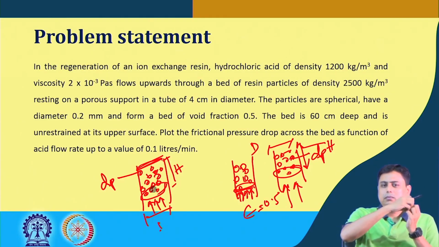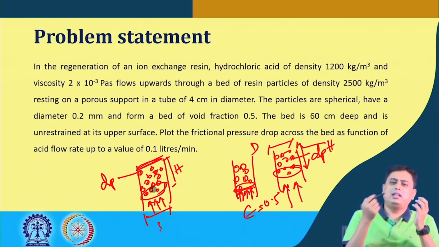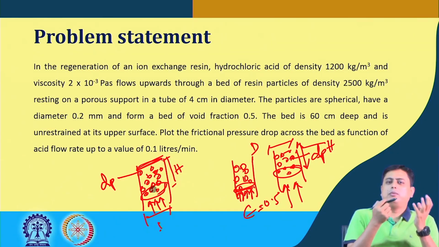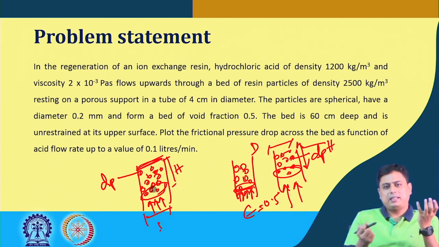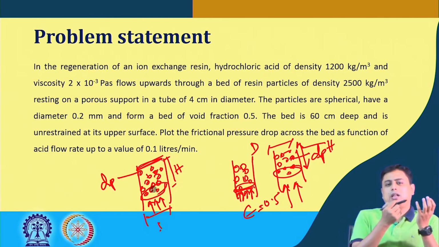If we still increase the liquid velocity from the bottom, you remember the scenario of particle separation when we talked in the last section about the terminal velocity and upflow velocity.